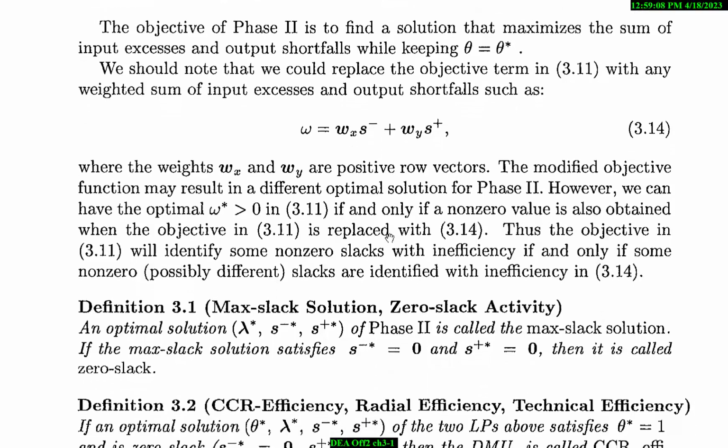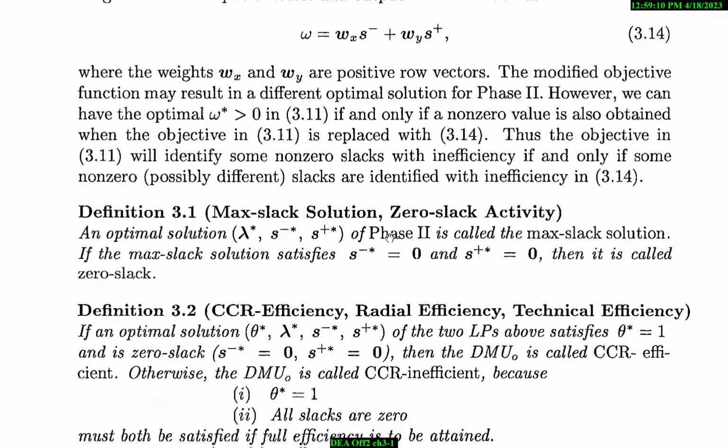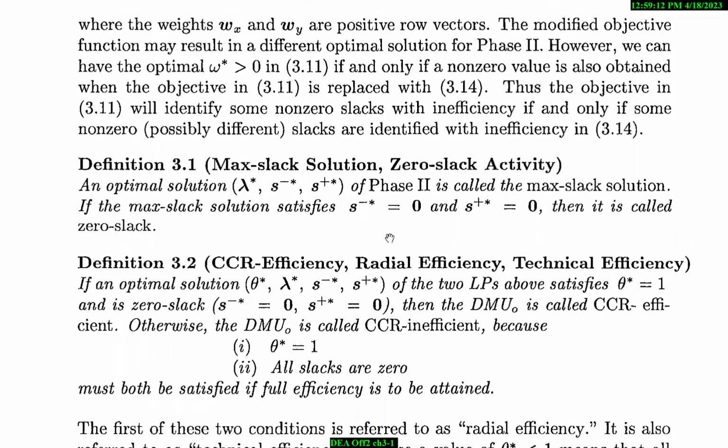By solving this two-phase model, we have this definition: max slack solution, zero slack activity. An optimal solution of the second phase is called the max slack solution.